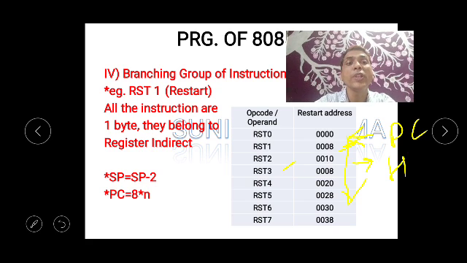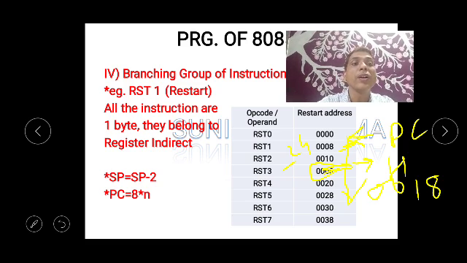Now 24 they write in hexadecimal as 0020. Sorry, this has to be 0010. This is wrong, this is 0018. Then 8 4s are 32.